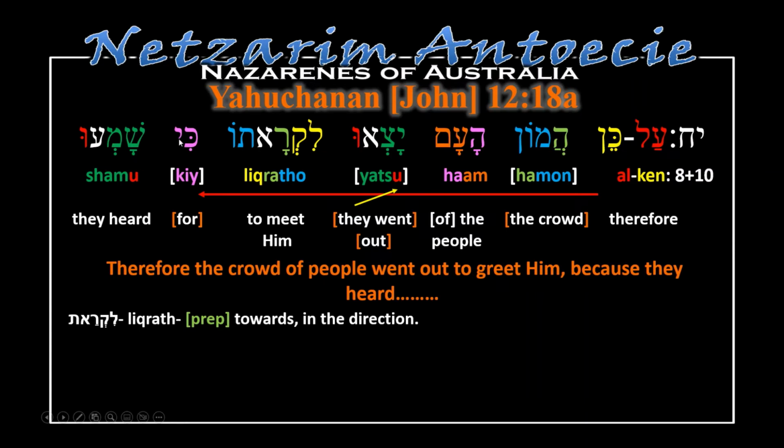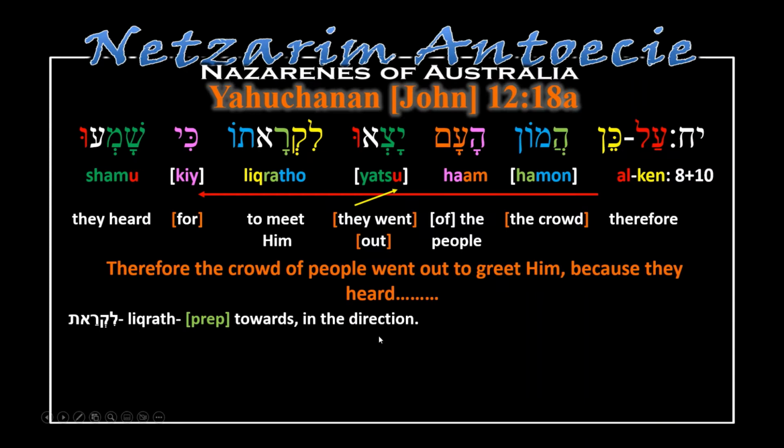And then it's ki, for, shamu, they heard. We see that shema is there. So they heard. Therefore, the crowd of people went out to greet him because they heard. And I've got here, likrat is a preposition, and it can mean towards, in the direction of.